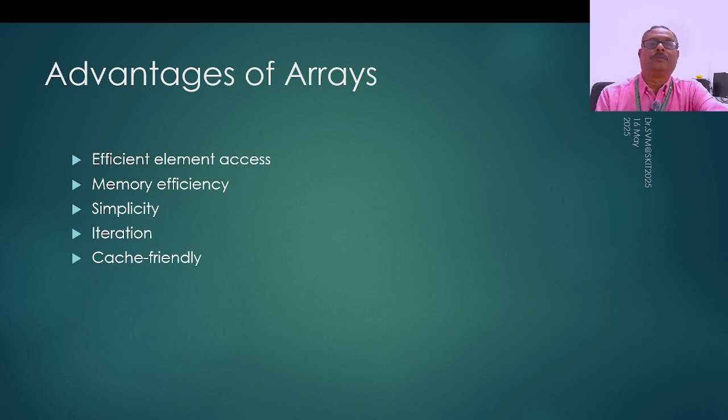The cache we have in the processor is a type of an array. Whatever activities we want for a cache memory, the same activities are possible with an array. Therefore, we say that it's cache friendly, because in the cache we use an array-like structure to save the data.